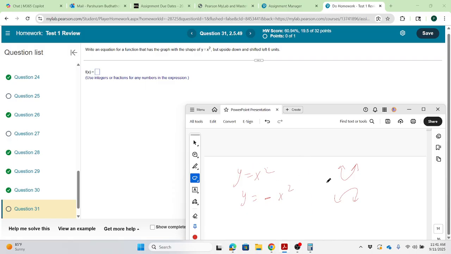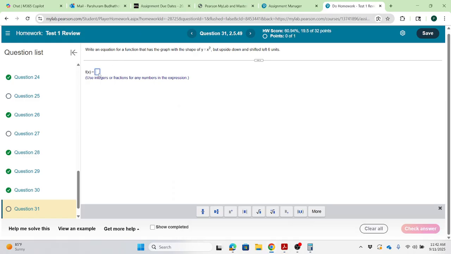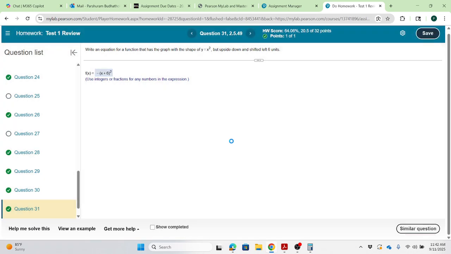Shifted left 6 units is a horizontal shift. Whenever it goes to the left side, you are actually adding according to the rule. If it goes to the right, you are subtracting from x, but if you are going to the left, you are adding to the x. So the function would be negative (x plus 6) to the power 2, upside down and then going left.